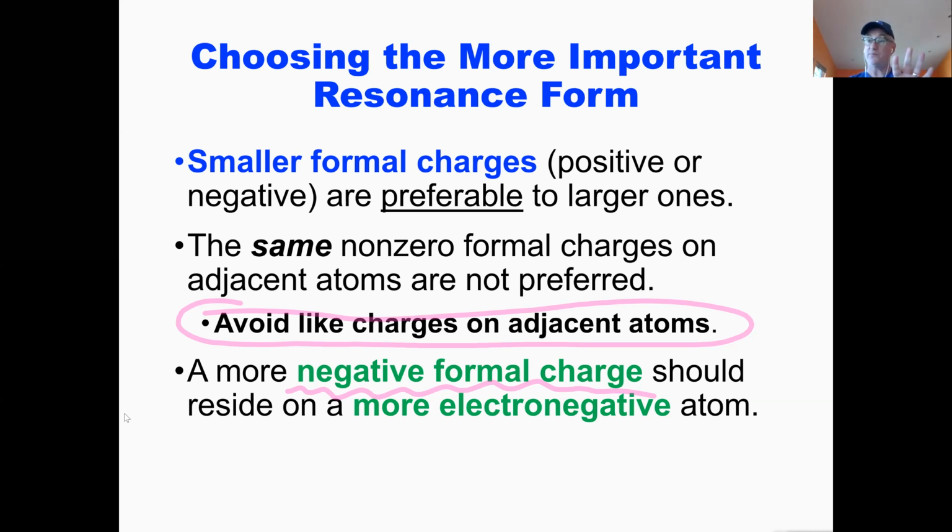Now, there are going to be exceptions to this rule. One of the exceptions is carbon monoxide. Carbon monoxide basically has an equal distribution of electrons, with a triple bond in the middle and then a lone pair on each side.